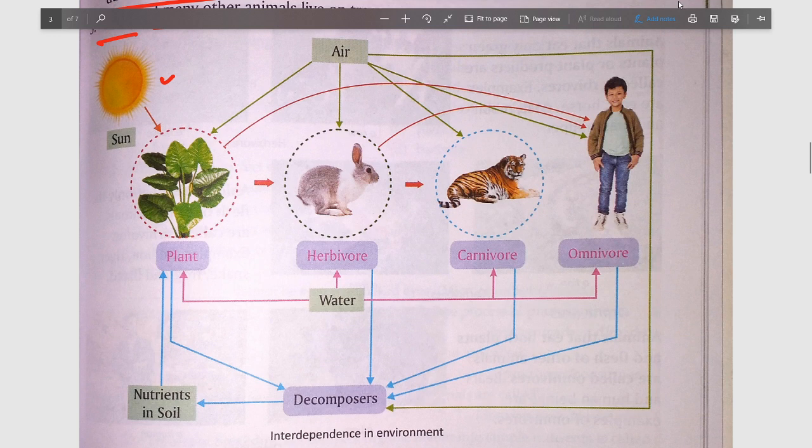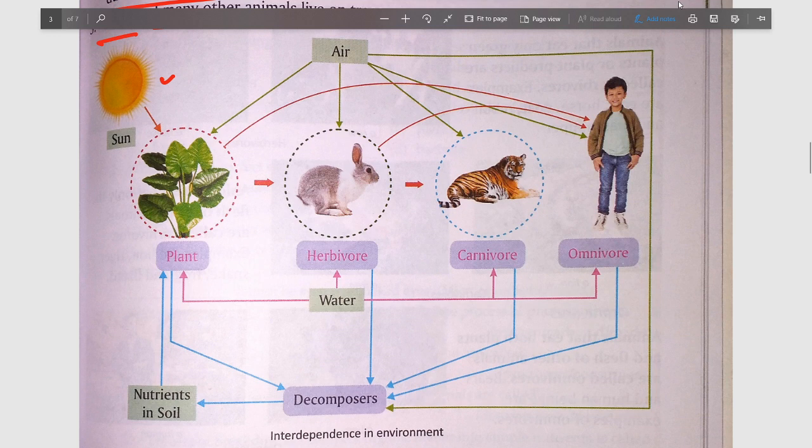So this plant is dependent on the sun, and with the help of sunlight it produces its food. And when it produces its food, its food is consumed by this human being.